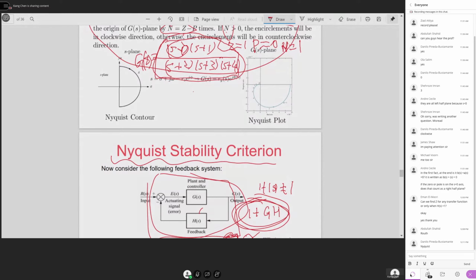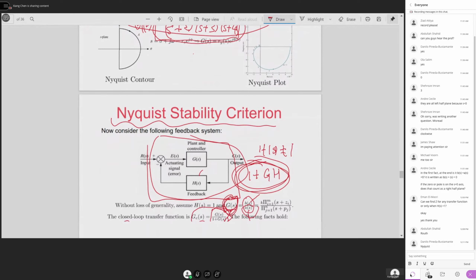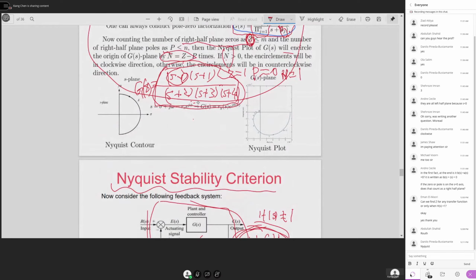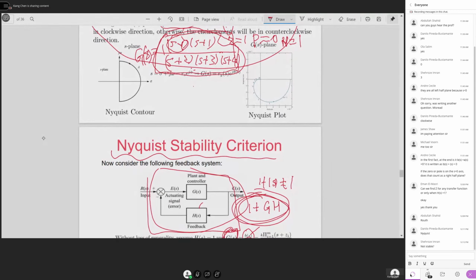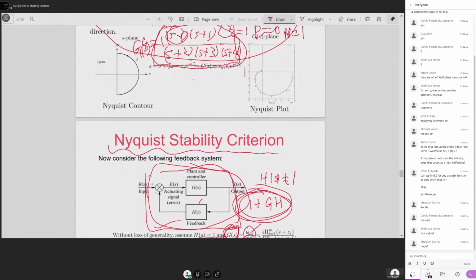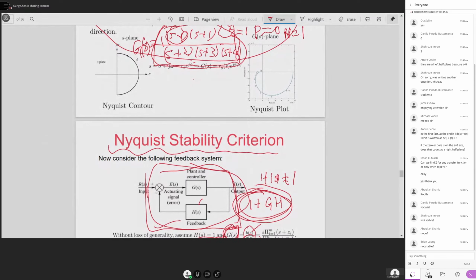Based on the Nyquist stability criterion we just stated, you have G(s) equal to this. If you put this here, will the closed loop system be stable or not?